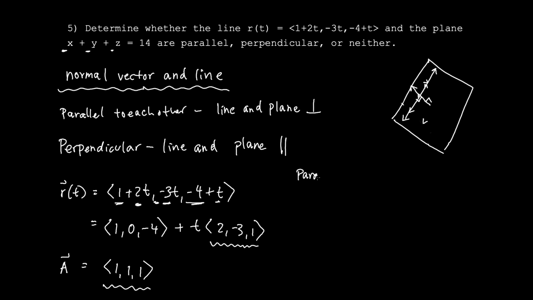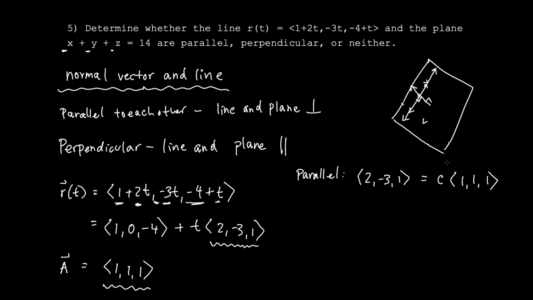Parallel. We know it's parallel when they're scalar multiples of each other. So is there a scalar that would make this equation true? 2, negative 3, 1 is equal to c times 1, 1, 1.